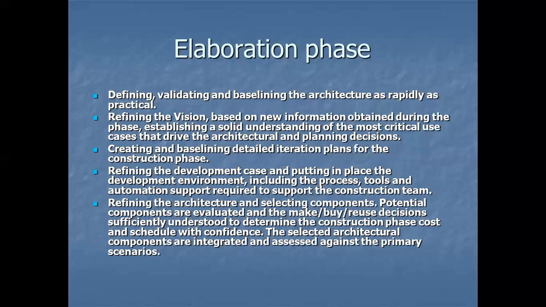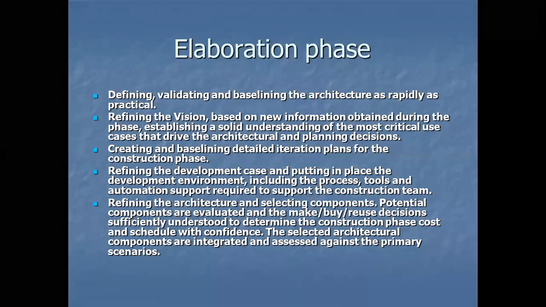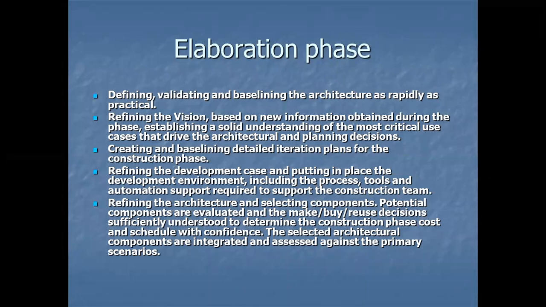Then in the elaboration phase, we are going to define, validate, and baseline the architecture as rapidly as practical, refining the vision based on new information obtained during the phase, and establishing a solid understanding of the most critical use cases that drive architectural and planning decisions.